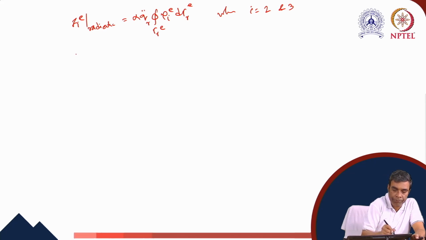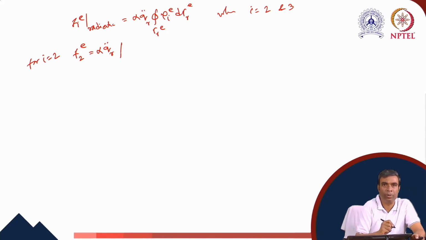So F2e for i equals 2 is alpha q_r double dot integration. So this closed integral will be valid only along the path between nodes 2 and 3. So this is going from 0 to delta y if we think in the local coordinate system. So this goes in the natural coordinate system as minus 1 to 1.